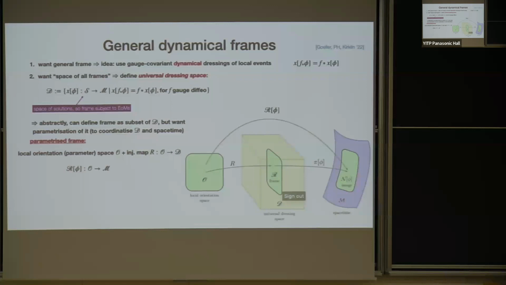To come up with a parameterized frame, we need an additional structure: something like injective maps from what we call these orientation spaces, for instance the spaces of boundary anchor points, boundary vector fields, and distance into the bulk that I mentioned before. They can be of higher dimension than space-time a priori, and there will exist many different ways in which we can parameterize different points in such a dressing space.